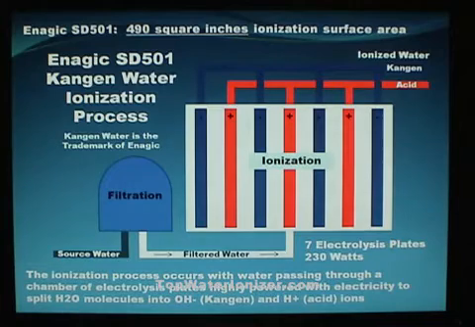Upon going through the ionization chamber, the water is separated into two outputs. One is the Kangen water, which is alkaline, and the other is the acid water. Again, please note the 7 plates powered by the 230 watts of electricity for a very powerful ionization process.